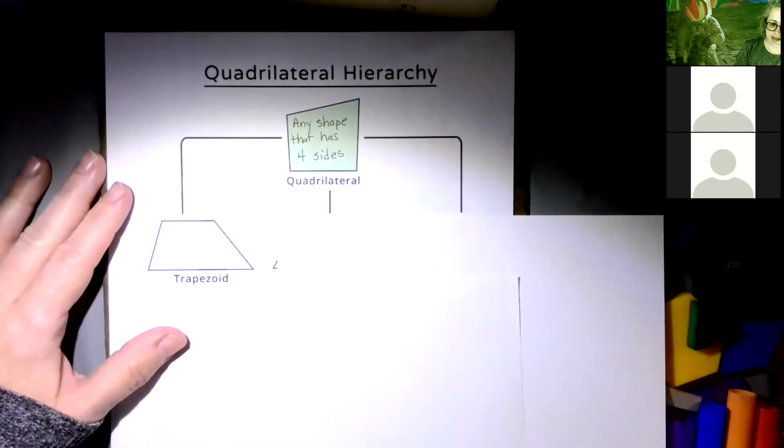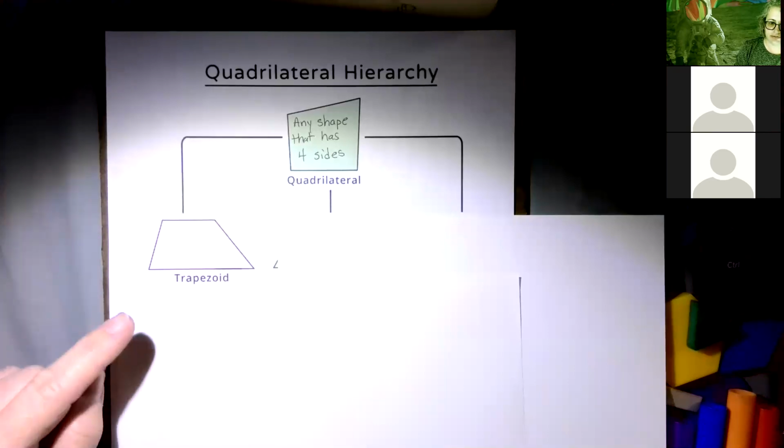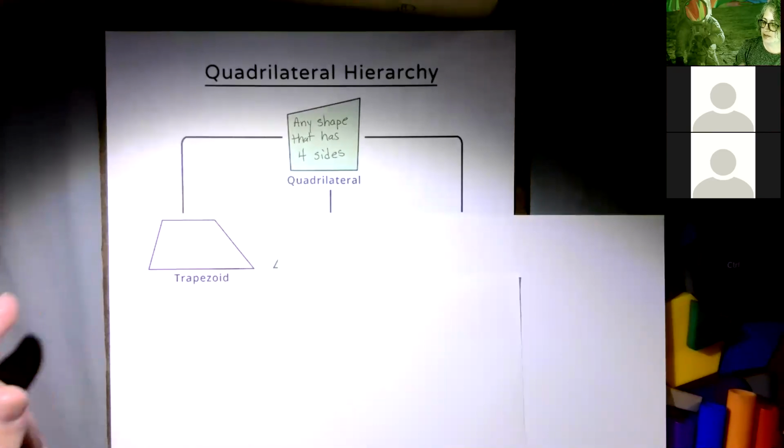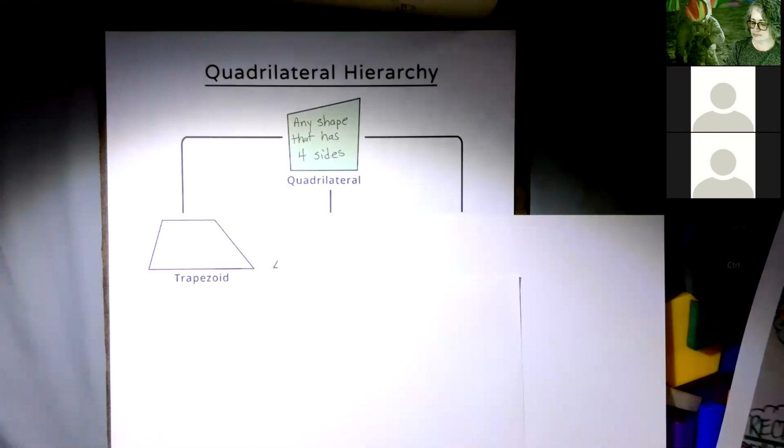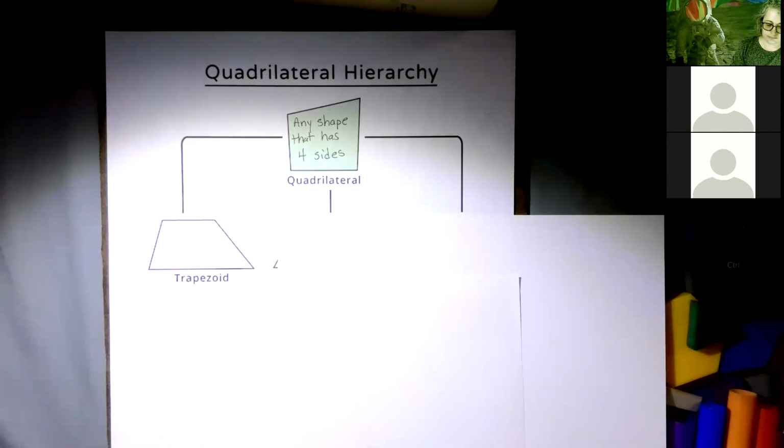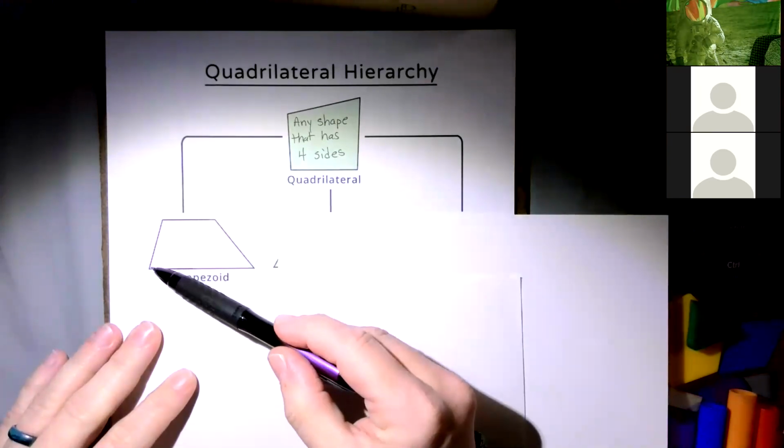And what is it that we could describe that is a trapezoid? Using those things where we're talking about sides, angles, parallel lines, right angles. What would we say about a trapezoid? Let's look at the sides.